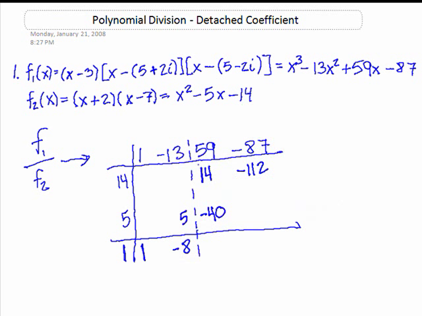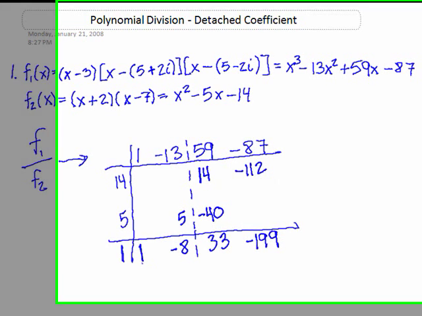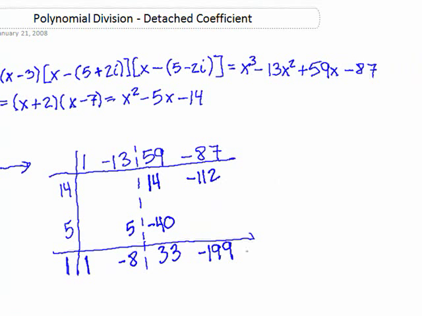Now what we have to do is just finish up the sums. 59, 14, and negative 40 will be 33. And then negative 87 and negative 112 is negative 199.